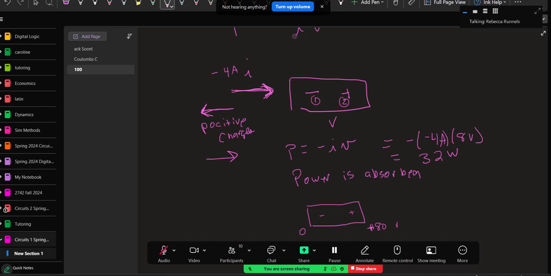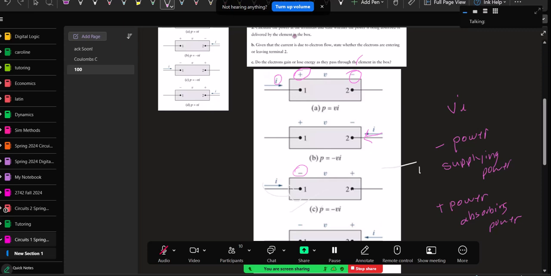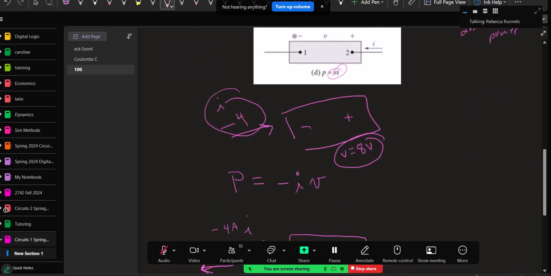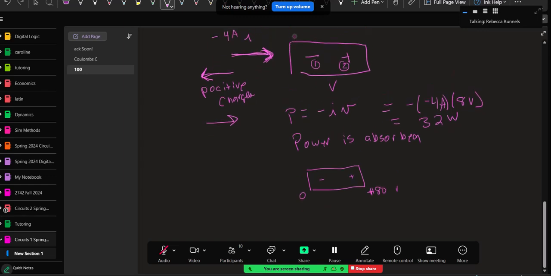So if I were a positive charge, I would be losing energy going from 80 to 0. Wait, what does it say? Passing through the element in the box. Okay, so the electrons are actually moving this direction. This is not going to be on your test. This is just kind of concept stuff. So electrons are moving this direction, going from a lower potential to a higher potential.